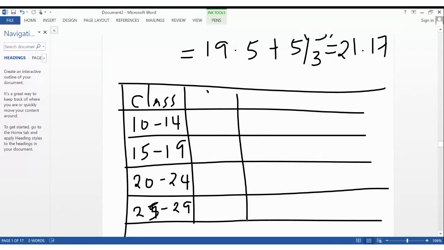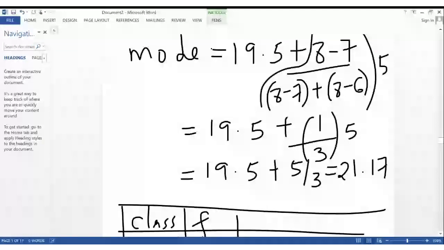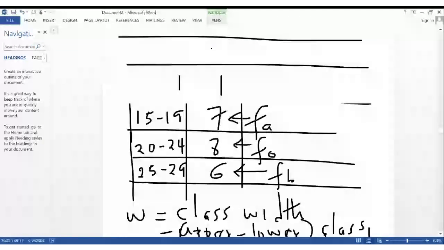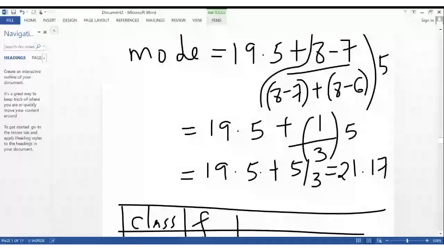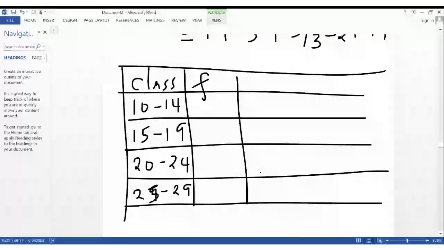Someone to remind me, it was what? Let me go back up, I don't want to make any confusion. That is 4, 7, 8, and 6. Now, if you go back to the formula for the median, let me write here median now.